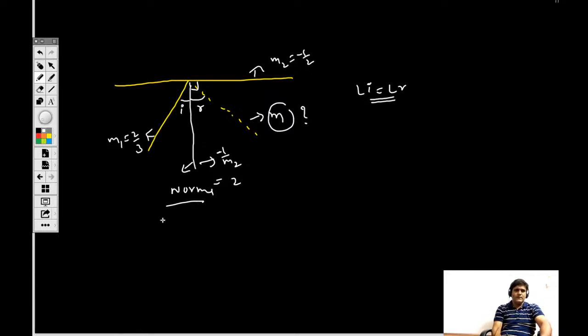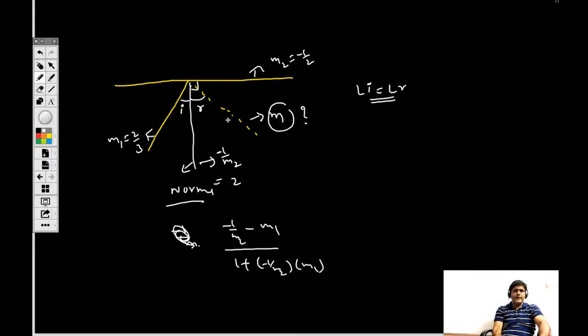So apply that. I will write the formula and leave the algebra part for you to do. The angle between these two lines is: minus 1 by m2 minus m1 over 1 plus minus 1 by m2 into m1.